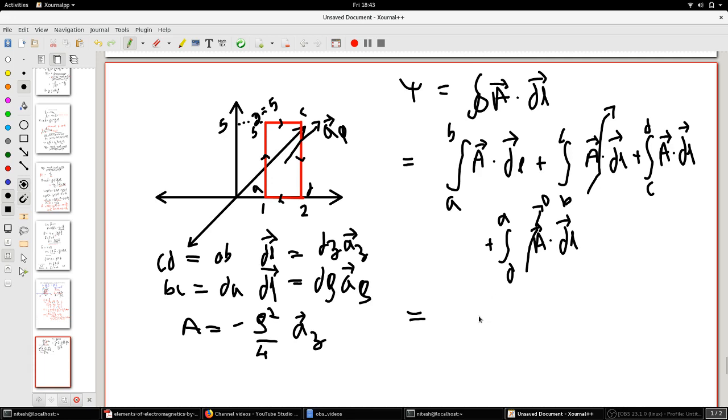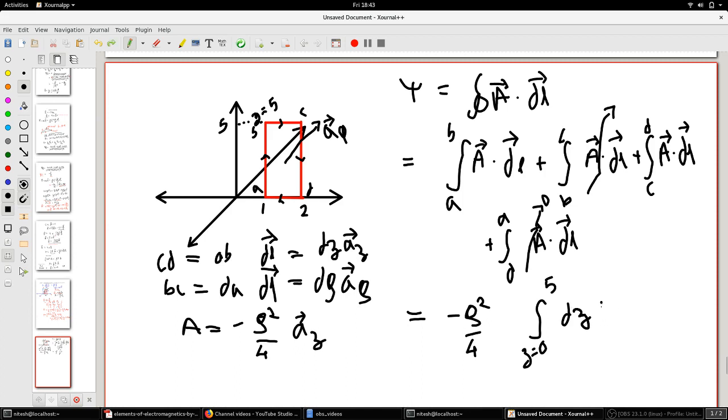I know my A, which is minus rho square by 4, is a constant with respect to dz, so this will come out minus rho square upon 4. For AB, the limits of integration will be z equal to 0 to 5, and dz, so minus rho square az will be 1.